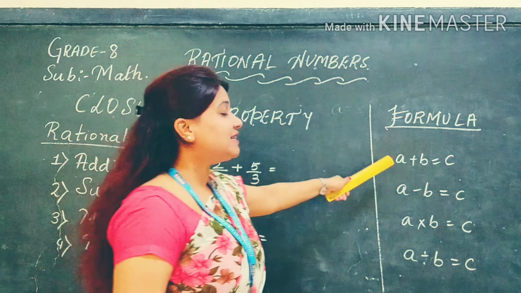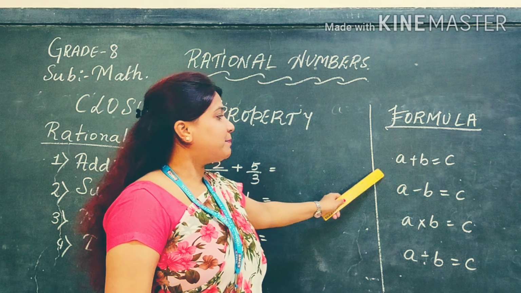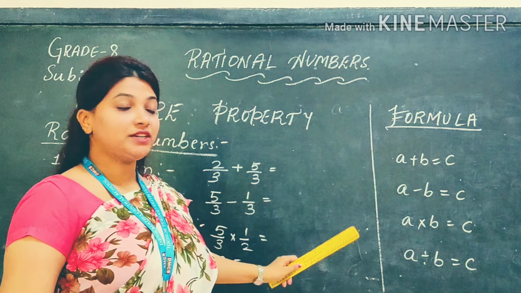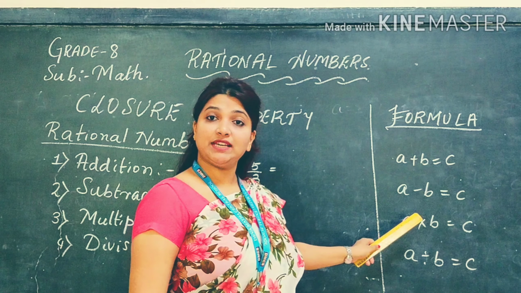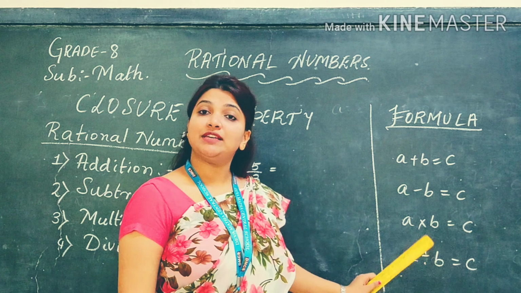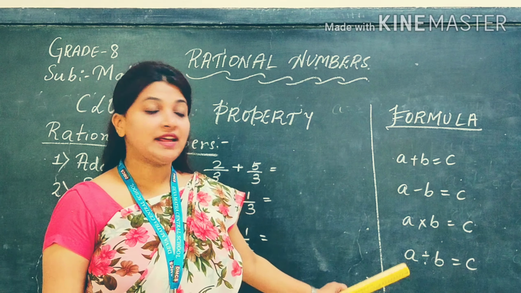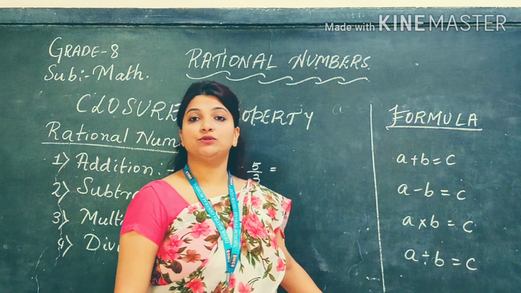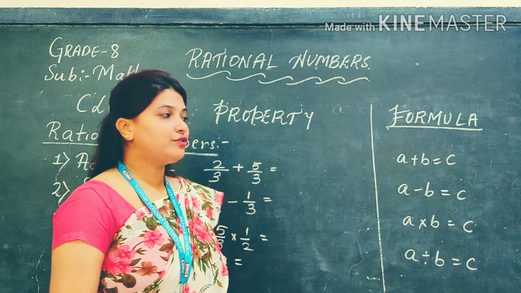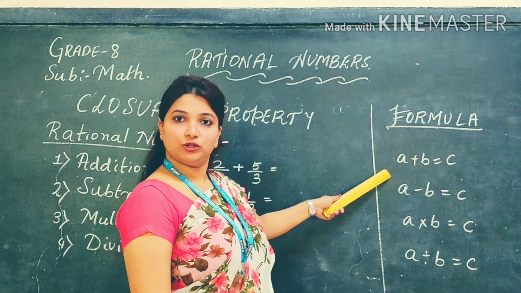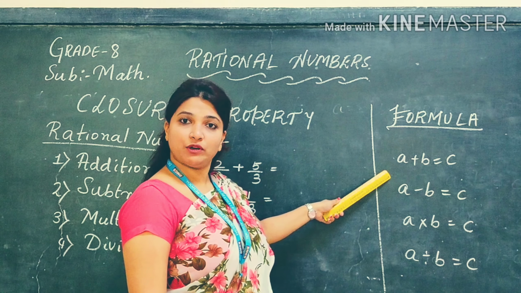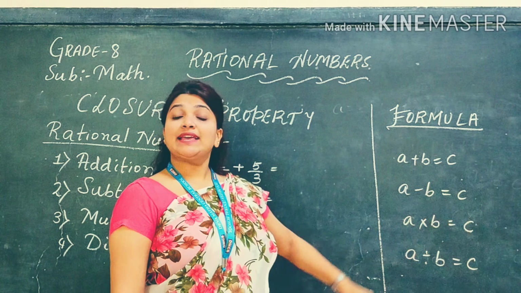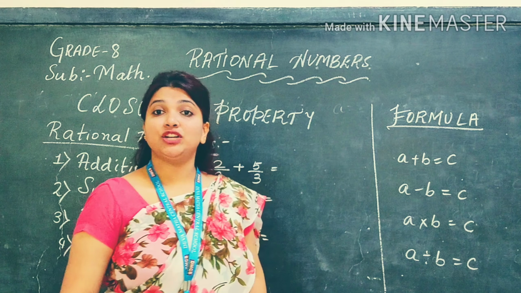Now this formula remains the same: A plus B is equal to C is for addition, A minus B is equal to C is for subtraction, A into B is equal to C is for multiplication, and A divided by B is equal to C is for division. Closure property of addition is A plus B is equal to C, where A and B can be any rational numbers.